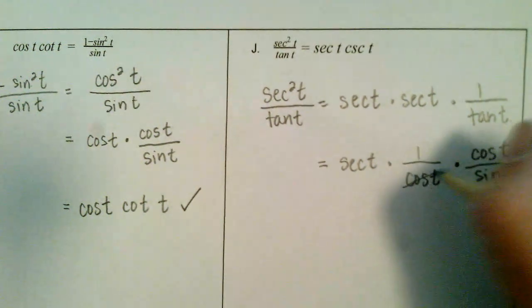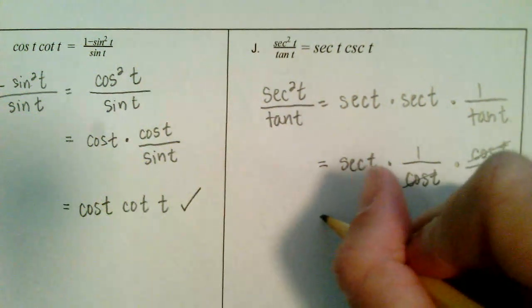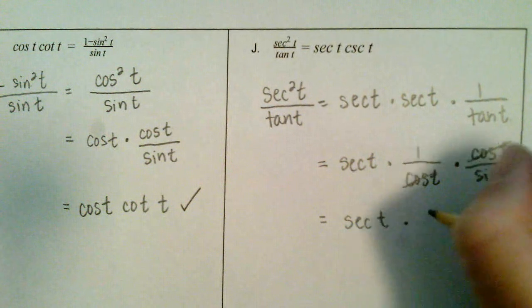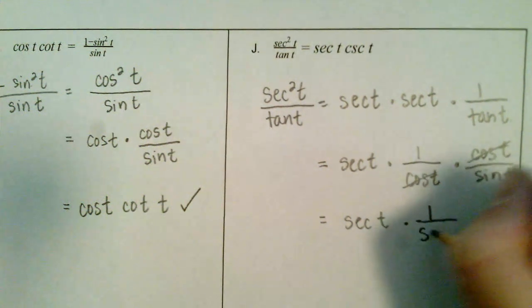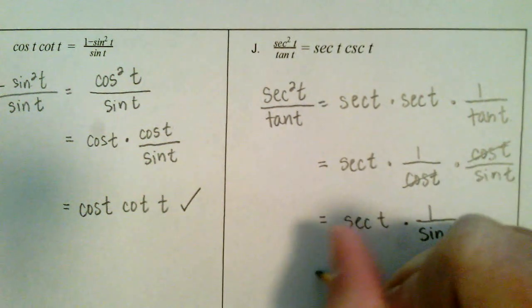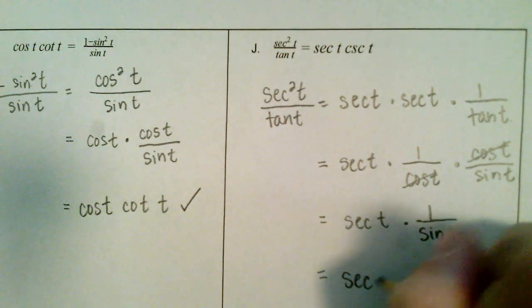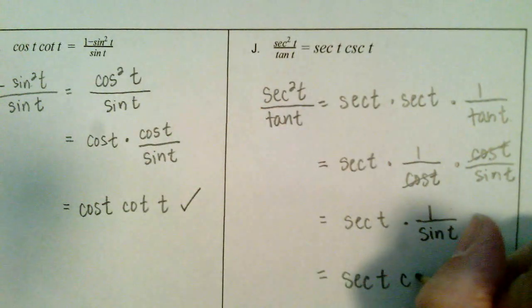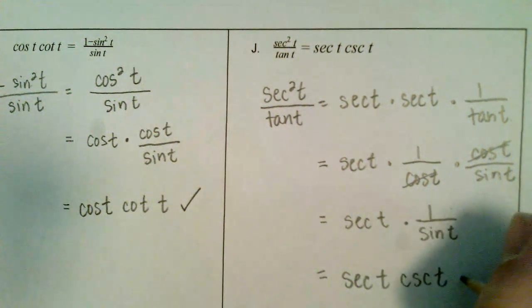So my cosine t's are going to divide out, and I'm left with secant of t times 1 over sine of t. So I still have my secant t, and 1 over sine of t is going to simplify to the cosecant of t, which is what I wanted.